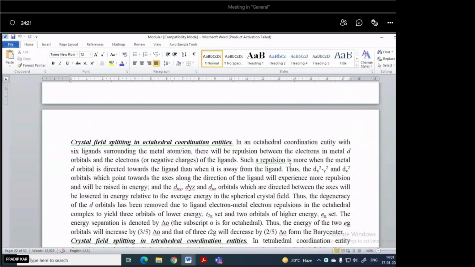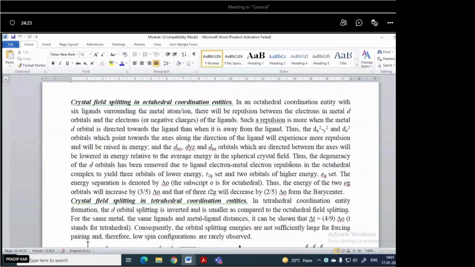And crystal field theory means that in octahedral coordination, or in tetrahedral coordination, orbital splitting occurs when the ligands approach the orbitals.